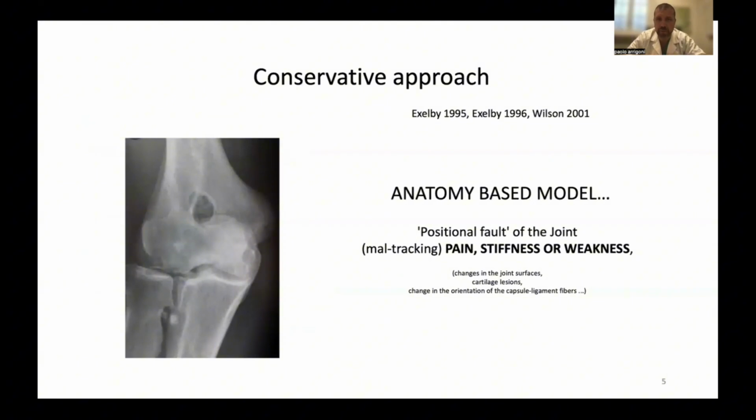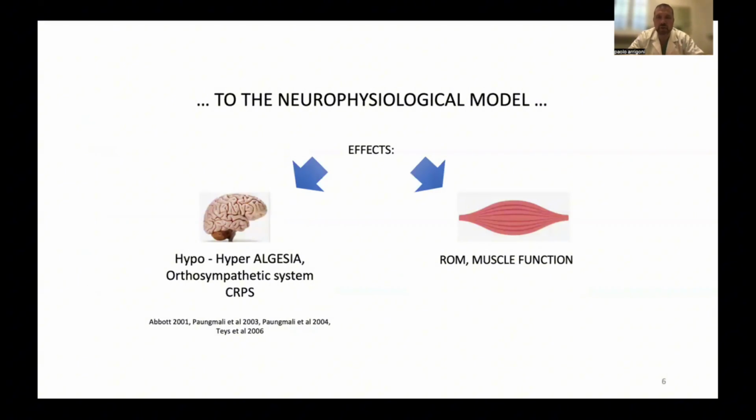The conservative approach plays a role. We just have to move from an anatomy-based model, where we treat what we see on imaging, toward another way of thinking of the elbow that is more related to the position of fault of the joint, the maltracking of the joint. Sometimes the neurophysiological model, so the way in which our brain thinks about how to use the elbow, is different from what reality is on imaging.